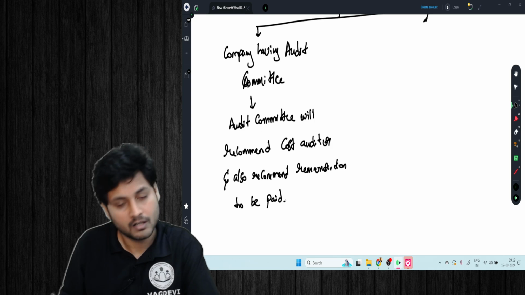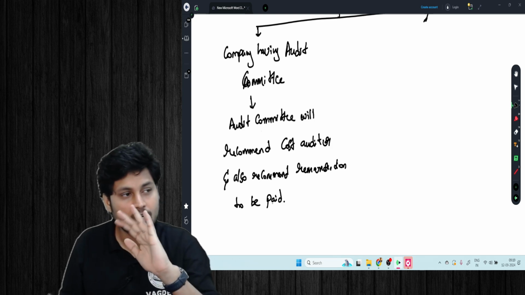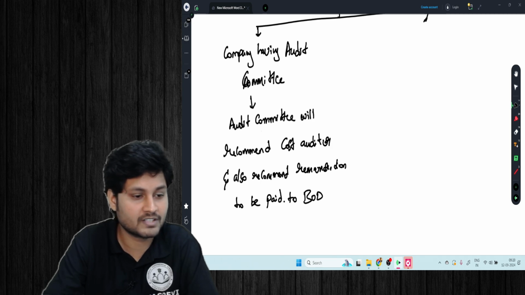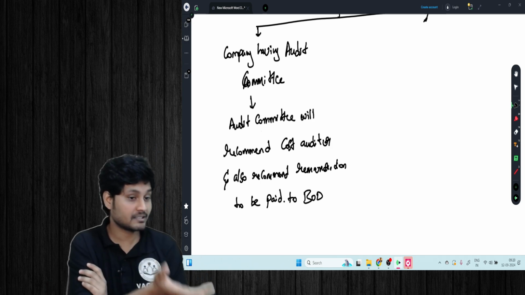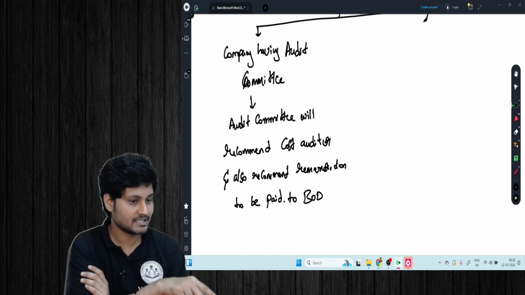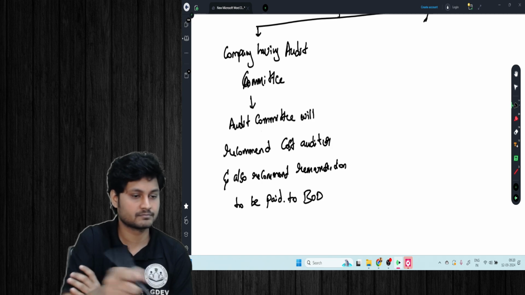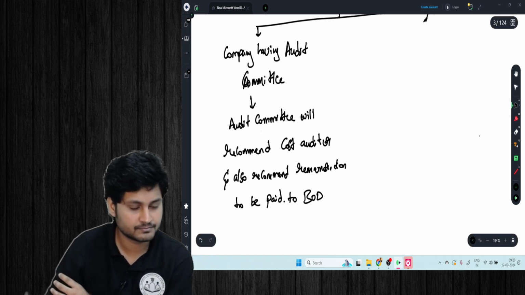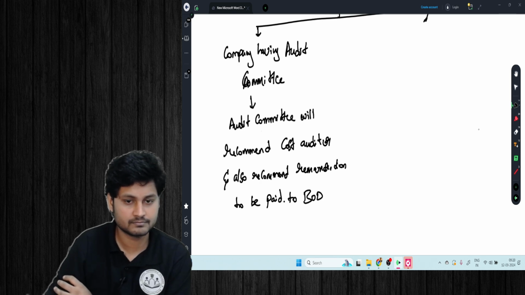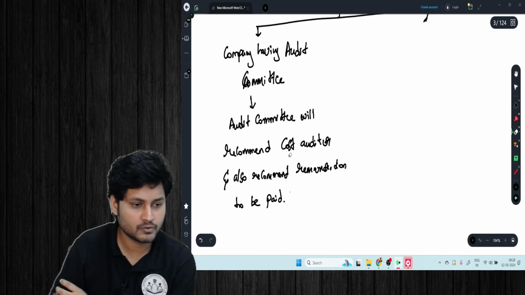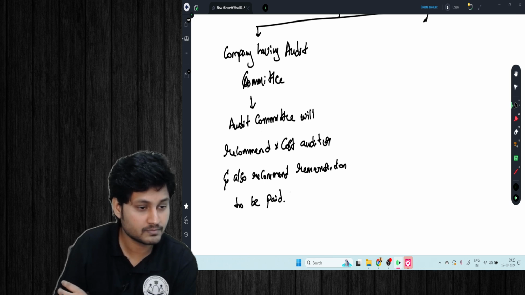Who will recommend to whom? The audit committee will recommend to the board of directors. So if the company is having the audit committee, then the audit committee shall recommend the cost auditor and also recommend the remuneration that is to be paid. I am writing here the audit committee will recommend to whom?